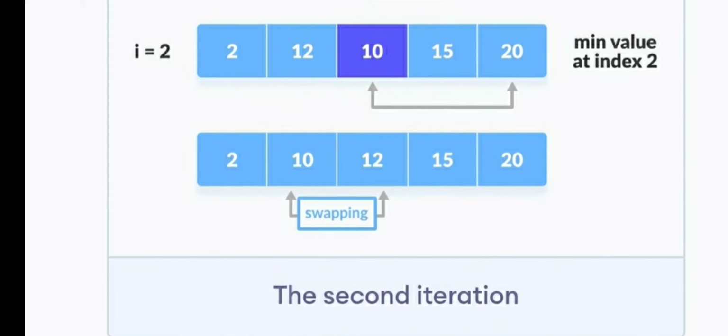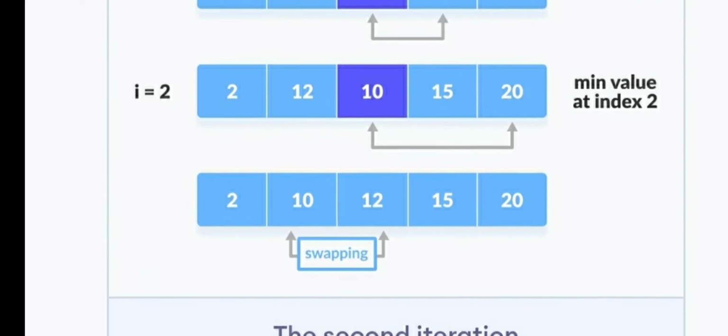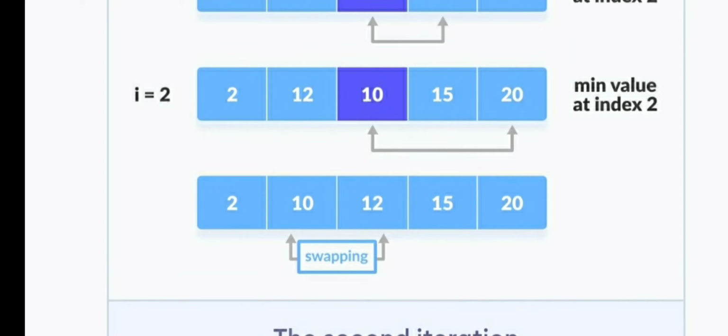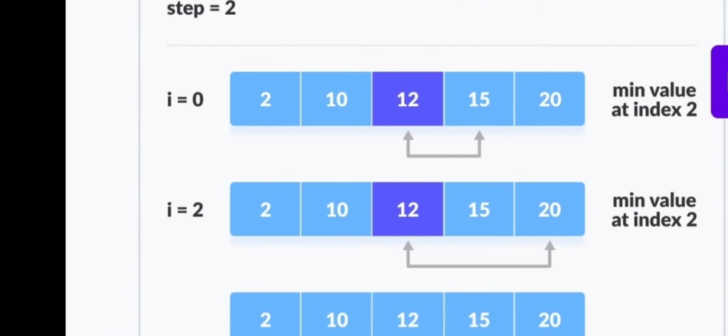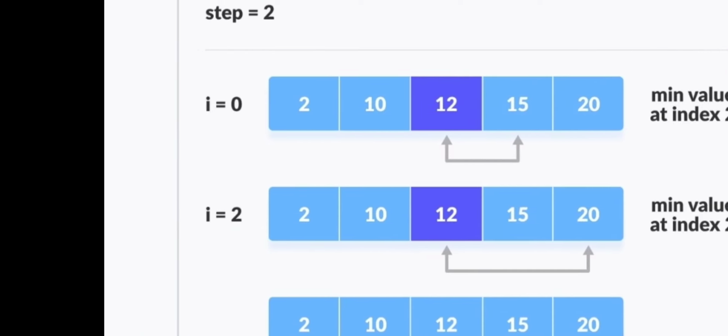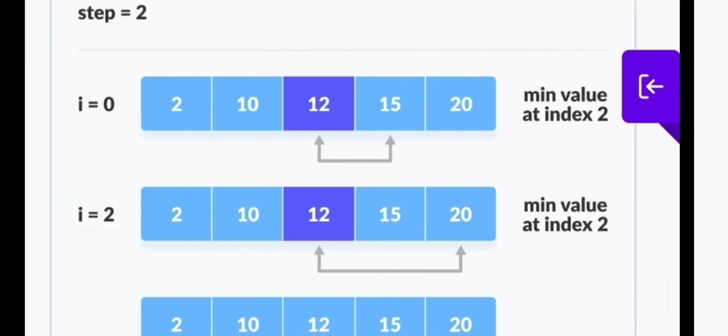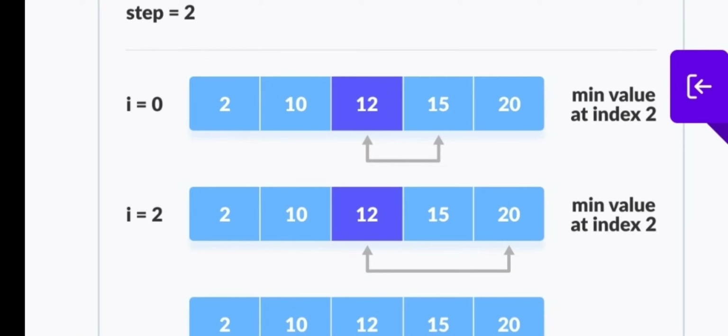Next, this is the second iteration: 2, 10, 12, 15, 20. Next, third iteration. 2, 10.